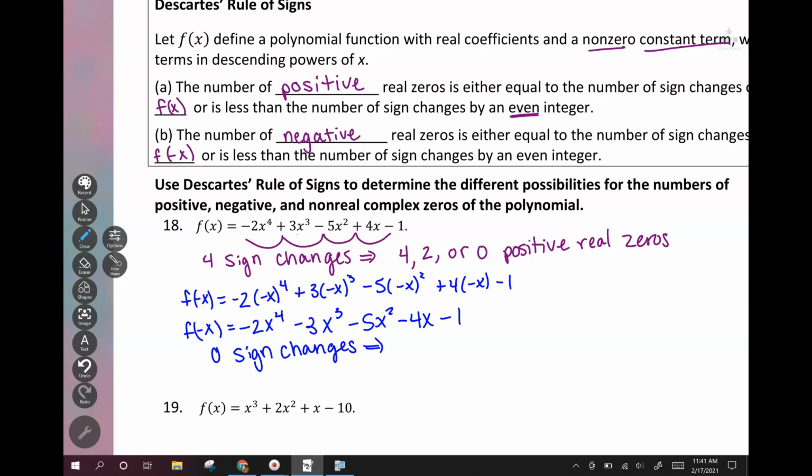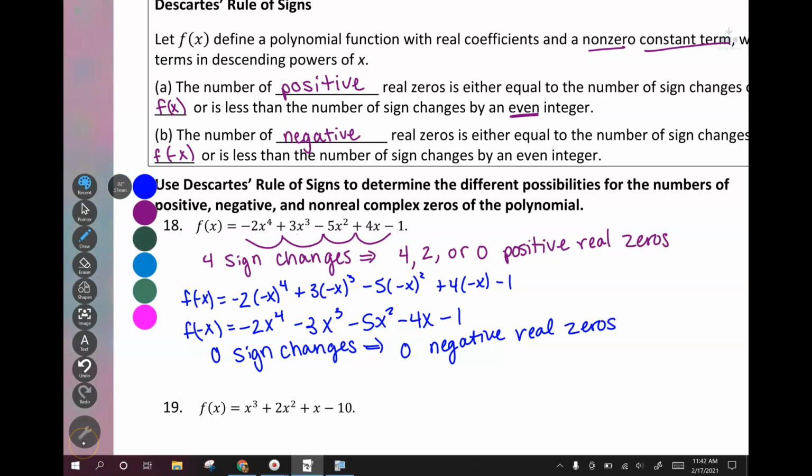So that means there are either 0 negative real zeros. Well, I can't go less than 0, so there's just 0 negative real zeros. Let's think about the potential non-real complex zeros.